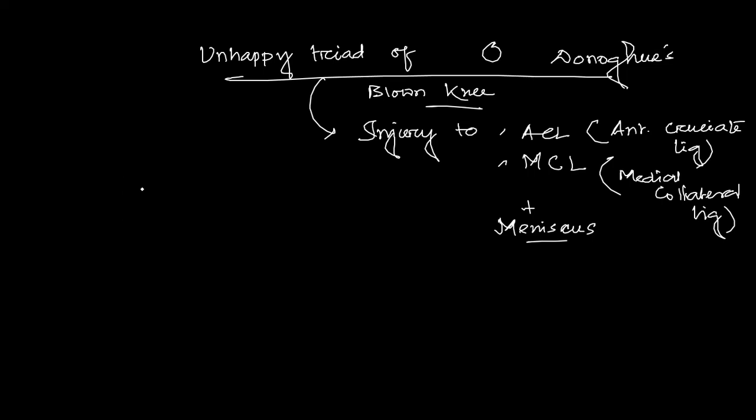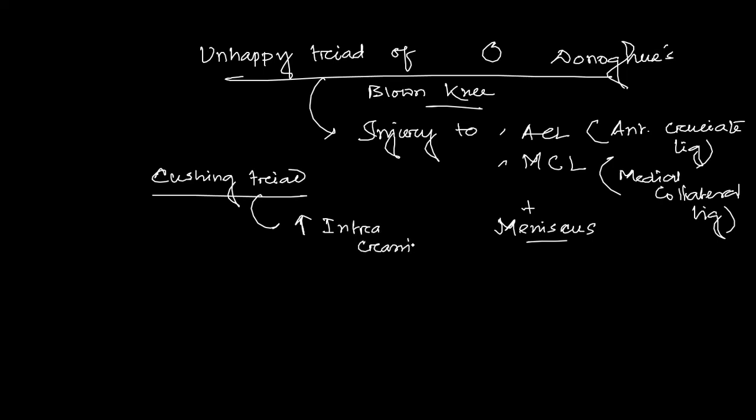Then come to Cushing triad. Cushing triad, important. You will get Cushing triad if there is increase in intracranial tension. If there is rise in intracranial tension, what will happen?